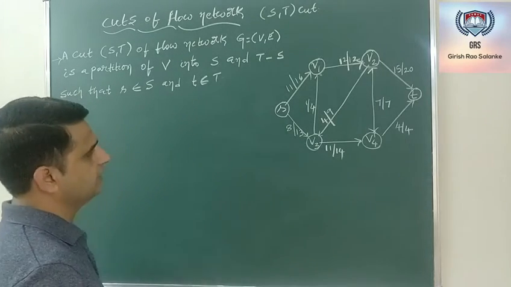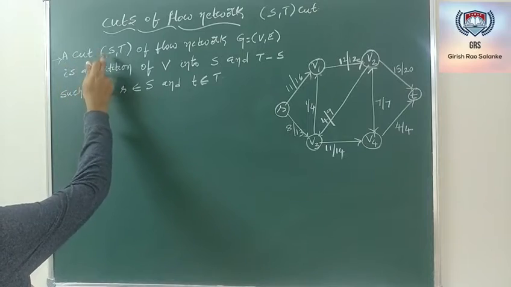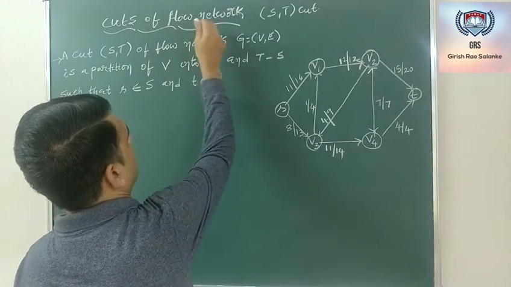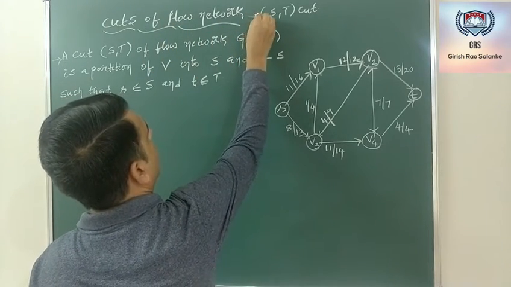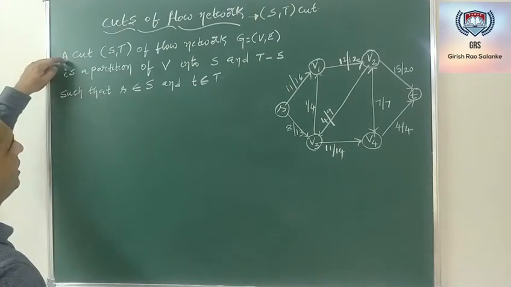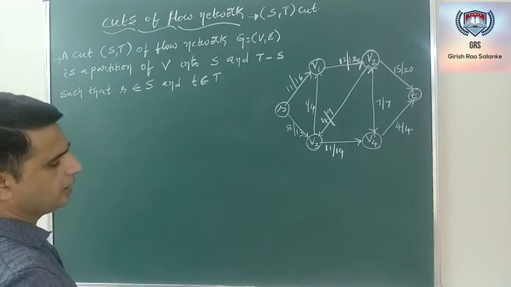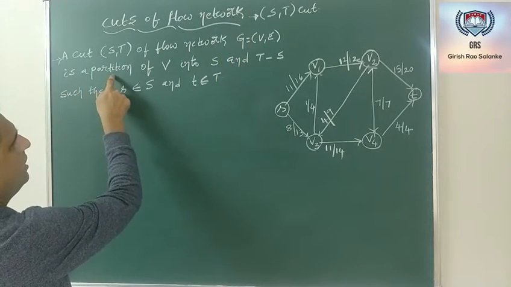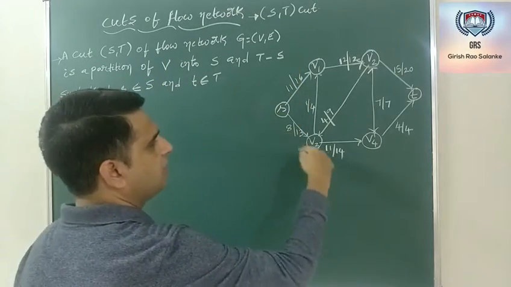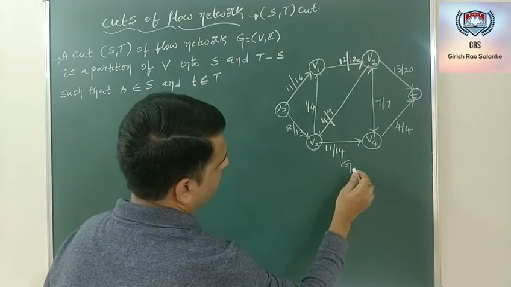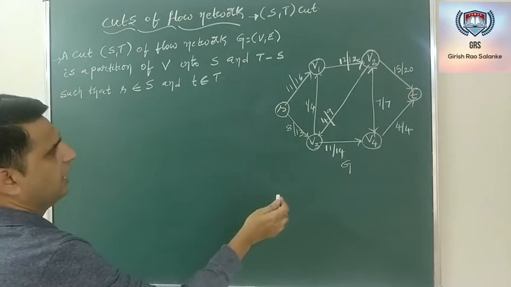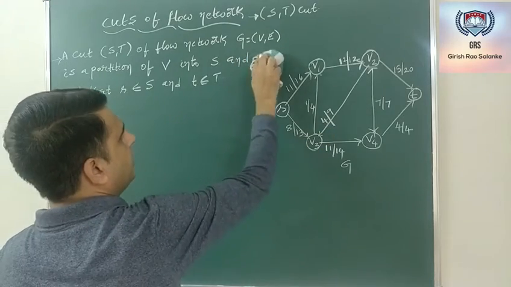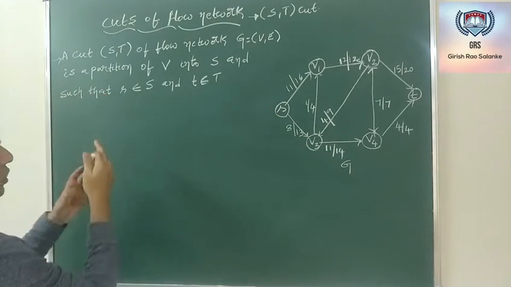The definition says that a cut on a flow network, we call it an ST cut. So a cut ST of the flow network G is a partition of V. That means all the vertices in the graph G have to be divided into two subsets.